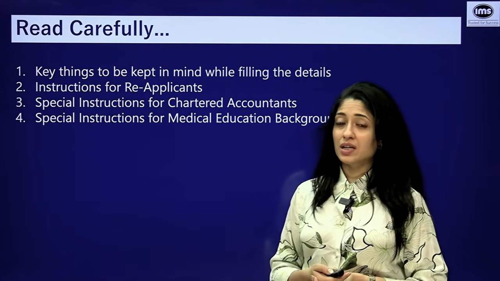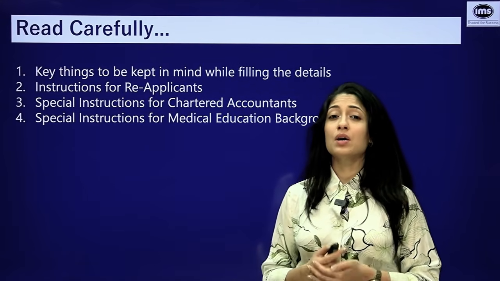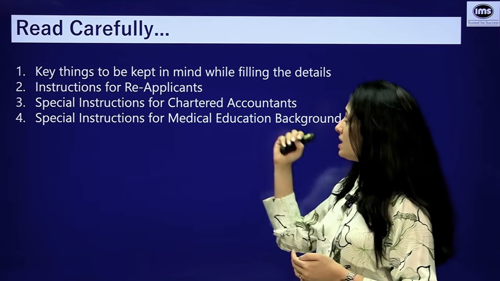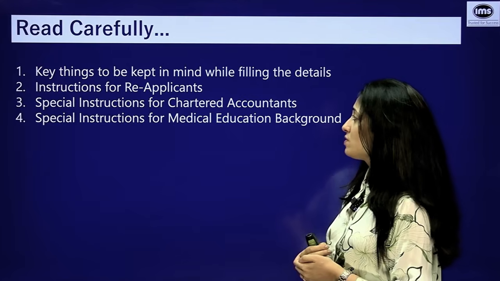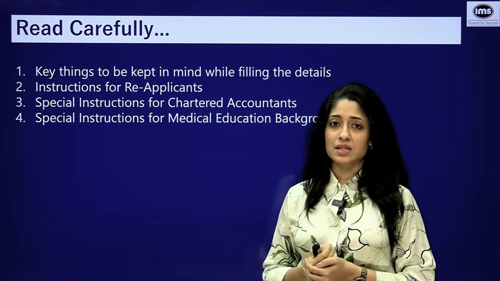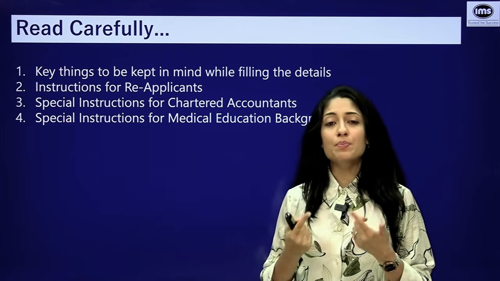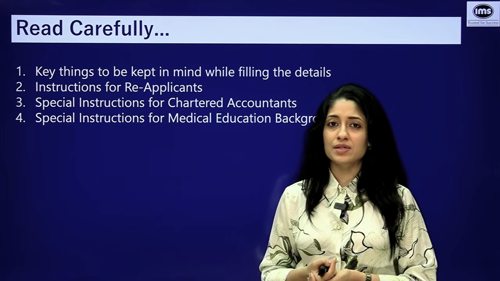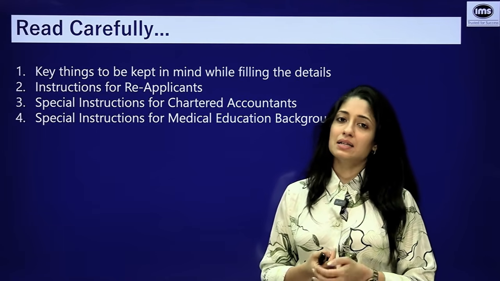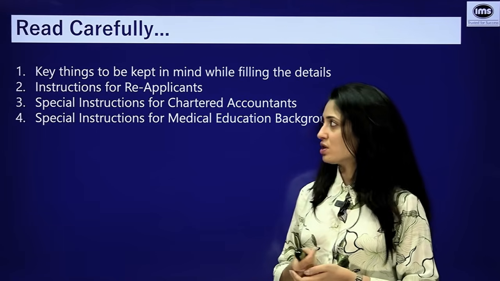Before starting with that, again, they have given a good list of instructions to be kept in mind: key things while filling the application, instructions for reapplicants. Candidates who are reappearing or reapplying for the same program are considered reapplicants, and they can go through this set of instructions.